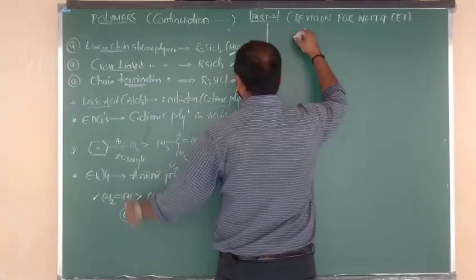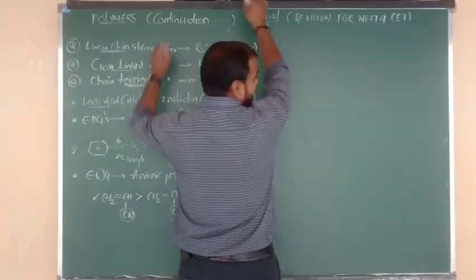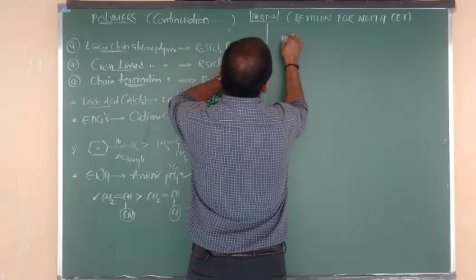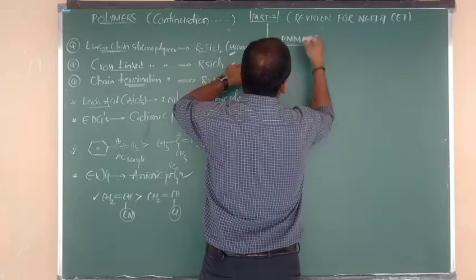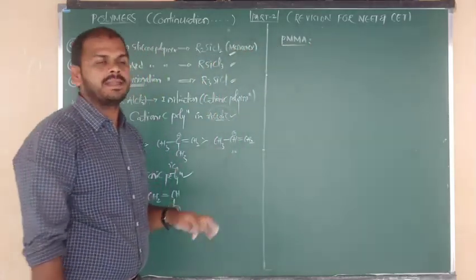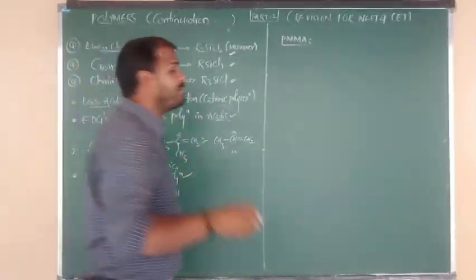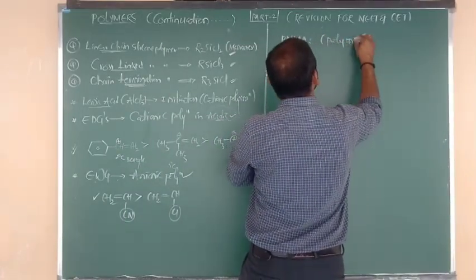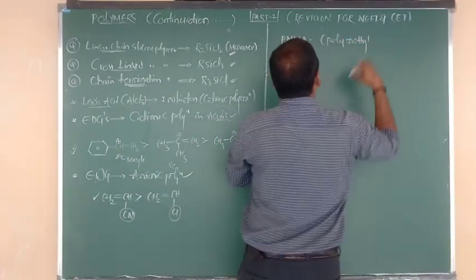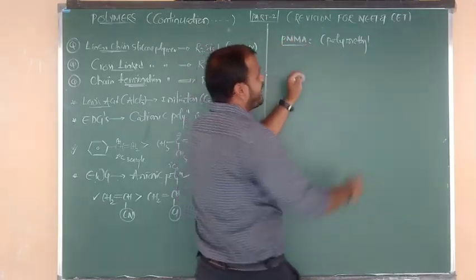Okay, good. Yes, beta. Next one is a very very important polymer. This is not in the theory syllabus, it is out of NCERT. PMMA, a very important polymer. What do you mean by PMMA? Poly methyl methacrylate.